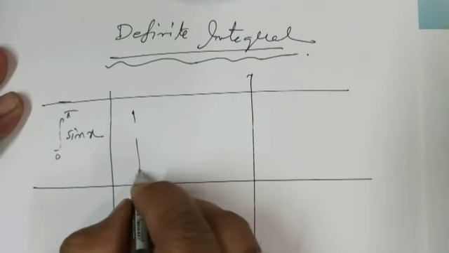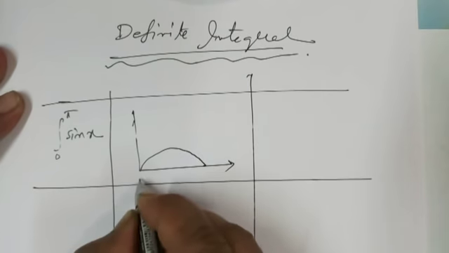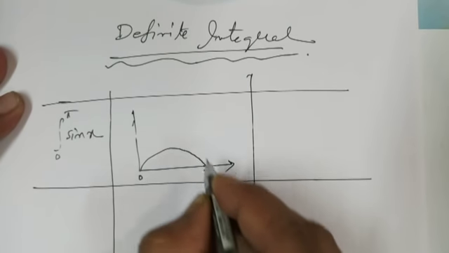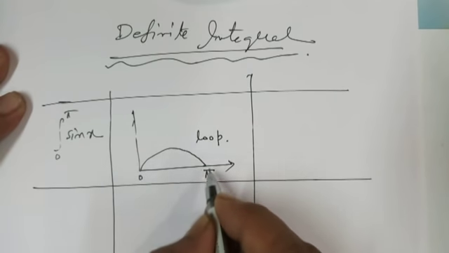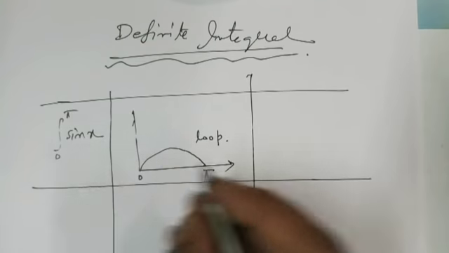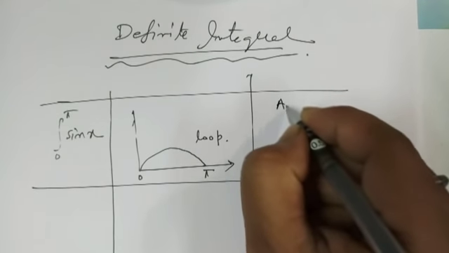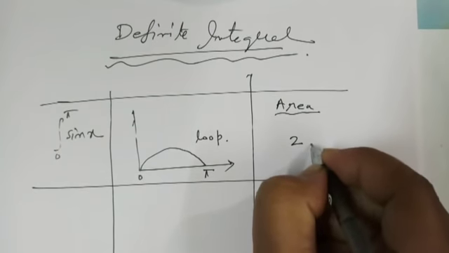This is one loop in 0 to pi. This is the graph of sin x from 0 to pi. So integral 0 to pi sin x dx, the area will be 2.